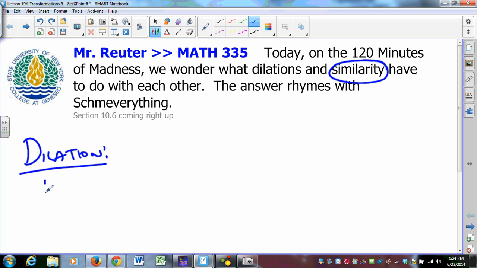In a dilation, you have a center and a constant of proportionality.